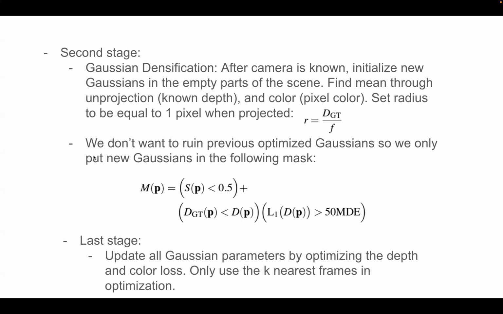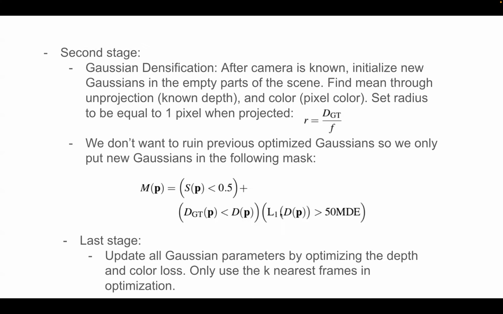And as I said, they just do this on the parts that are relatively empty. So their silhouette is less than 0.5. Or the parts that might indicate that there's a new geometry in front of the existing geometry, and they show that by parts that have a depth in the incoming image less than the current depth, and their error would be more than 50 times the median depth error.